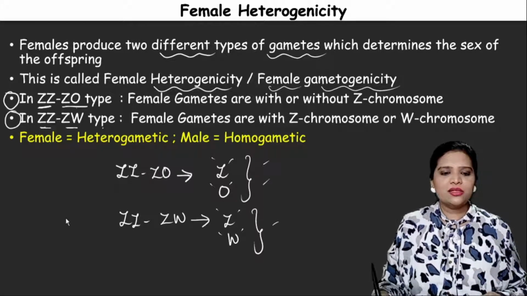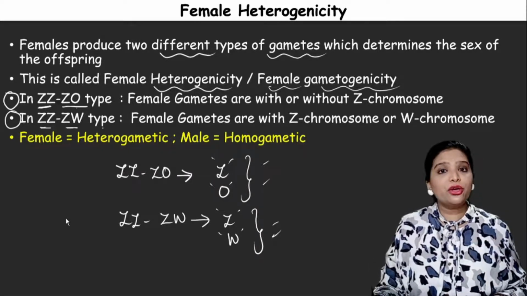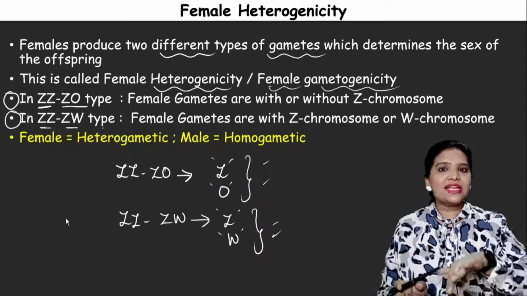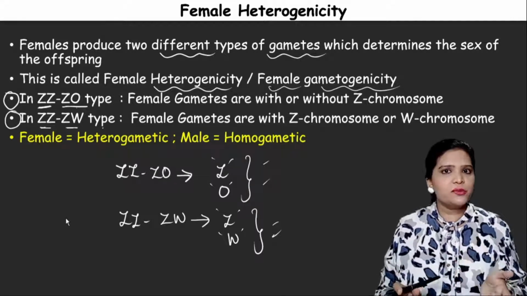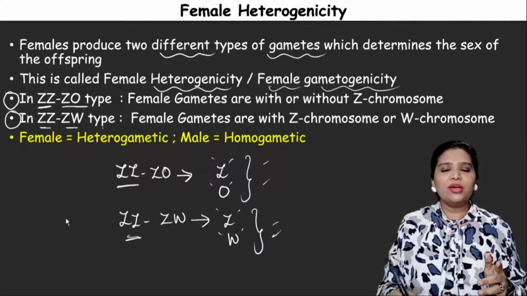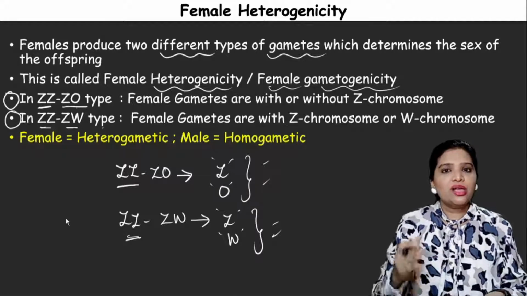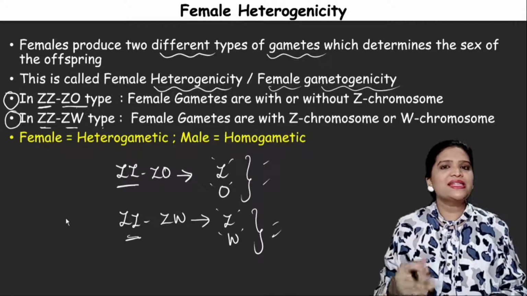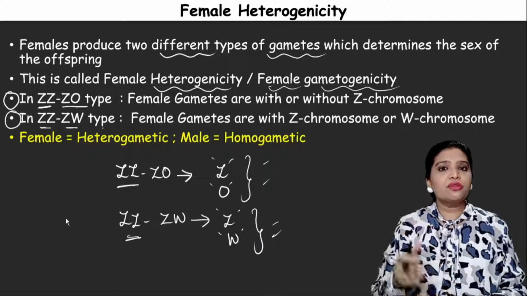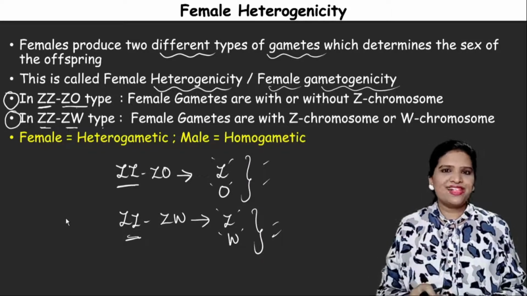So these are the two different gametes produced by the female, which determine the sex of the offspring, because the male has only the same type, ZZ. Understand? So since the female determines the sex of the offspring, this type of sex determination is called female heterogamety.